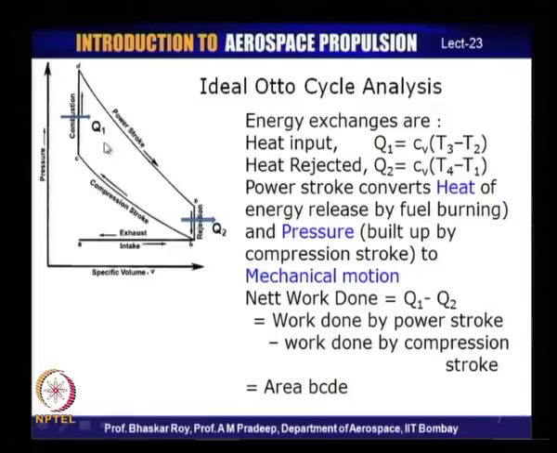So, now understand that notwithstanding this long compression stroke and power stroke, the input to the system is through here and output through the system is from here. Okay. So, the heat input Q 1 is in a constant volume process, it is given over here, it depends on the temperature level from here to here, okay.